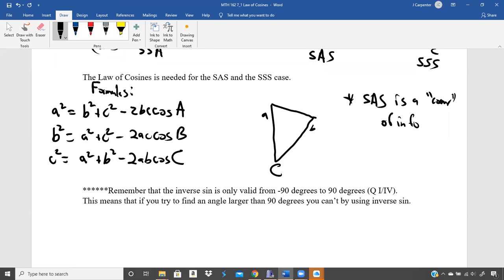Because it's going to get this information and think, oh, okay, well, if you've got these lengths of sides and these other angles, that would mean it's going to be positive or negative, whatever. I'm just going to give you an answer of quadrant 1 or 4. If it's positive, I'll give you an answer in quadrant 1. If it's negative, I'll give you an answer in quadrant 4.